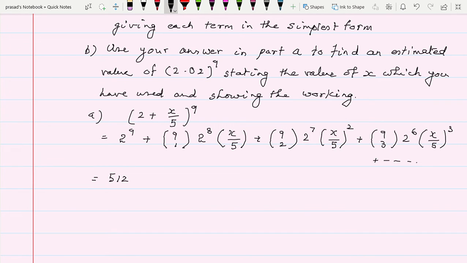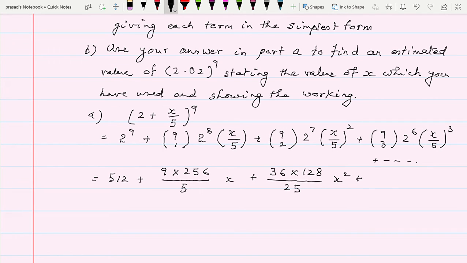Then in the next term, 9c1 is 9, 2 to power 8, that is 256 upon 5 x. Then 9c2, that is 36 into 2 to power 7, that is 128, and x upon 5 the whole square, that is x square upon 25. So write 25 here, x square.